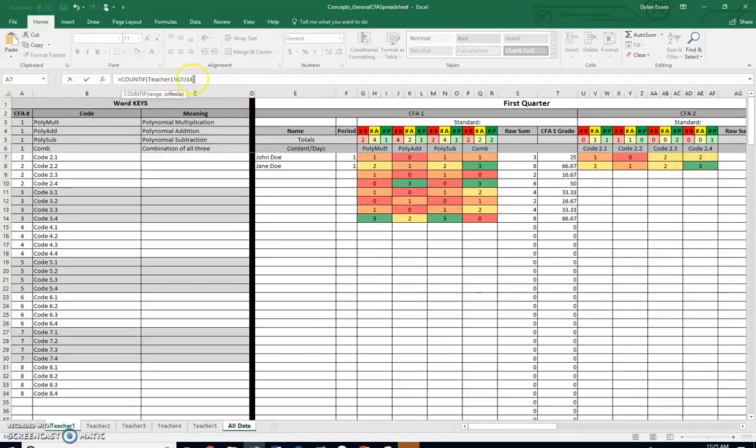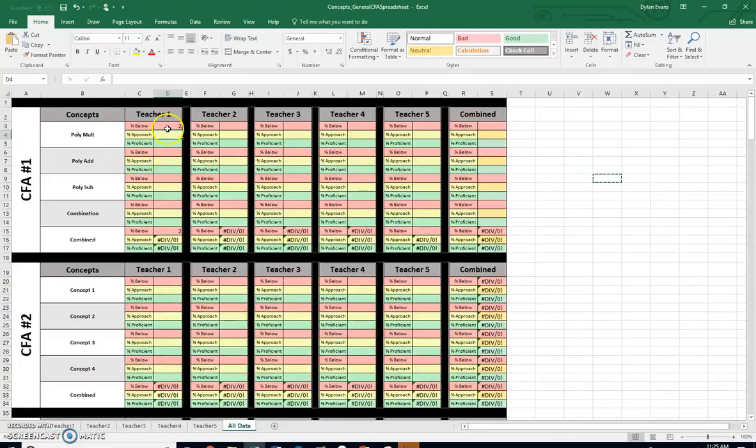If that's the range of cells we're looking at, the criteria for below is 0. We can see that there are 2 zeros in this range of cells. So I'm going to put a 0, and we should get the number 2 in that cell, and we do. Then here, for approaching, this is the same countif function and the same range of cells.